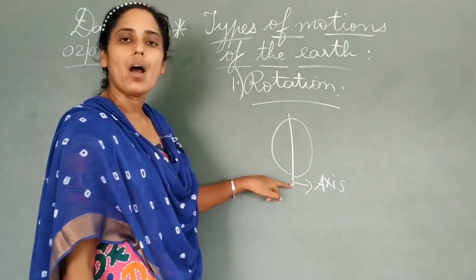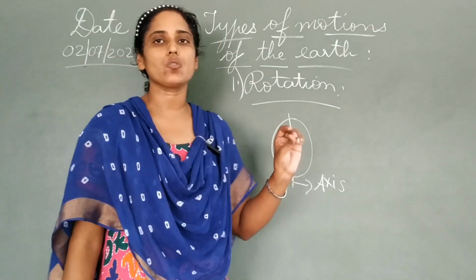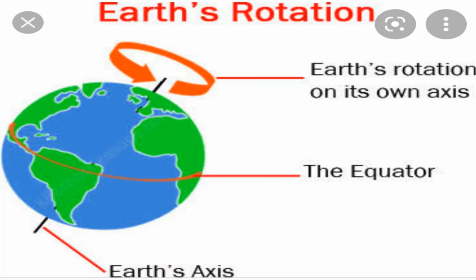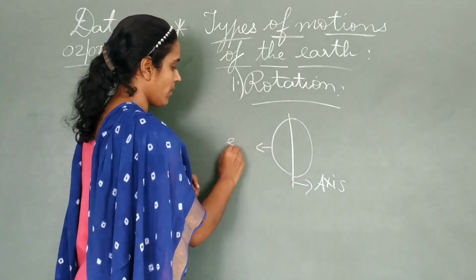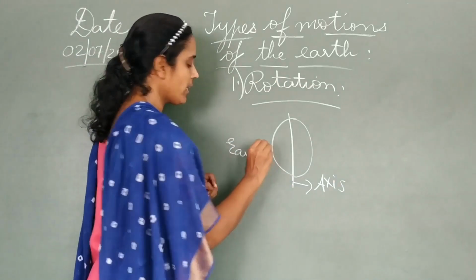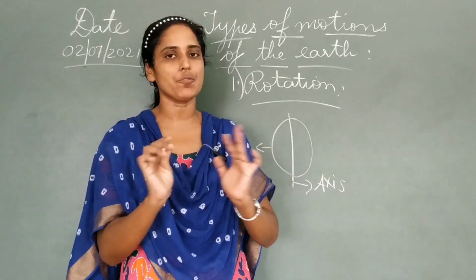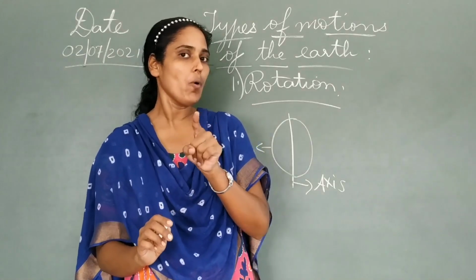So just like a top rotates on its axis, in the same way the Earth also rotates on its axis. This is the imaginary Earth. And you already know the shape is spherical, just like an orange, not like a ball.